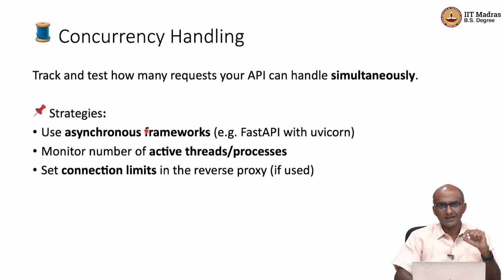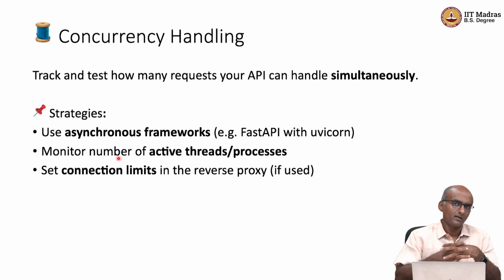So better to use asynchronous frameworks. The second angle of concurrency monitoring is to actively monitor the number of threads and number of processes, especially threads per process. That helps you get a very good sense of the actual CPU core utilization. And CPU cores and memory become the typical bottleneck when concurrency is high. So keep that in mind.